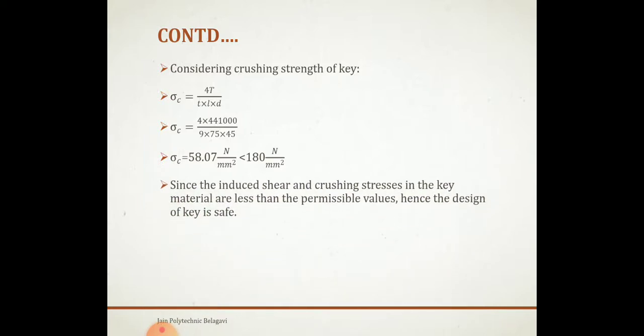So the crushing stress we get is 58.07, which is less than 180. That's why your design is safe. Since the induced stresses are less than the maximum stresses, whatever you have assumed in the problem is correct. Therefore, the design of the key is safe.